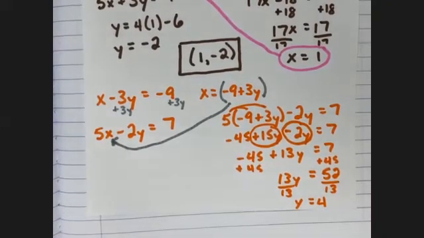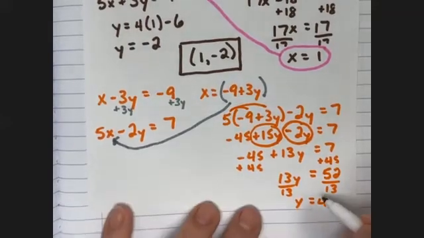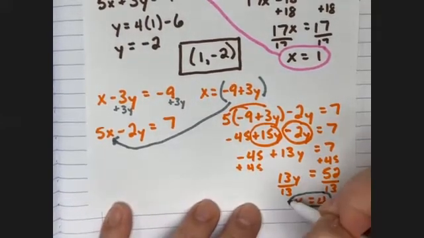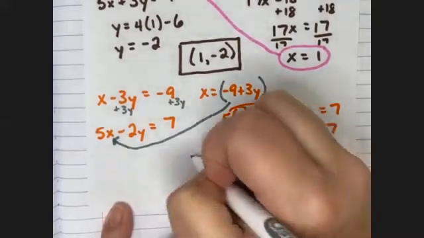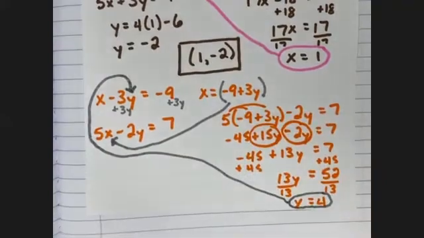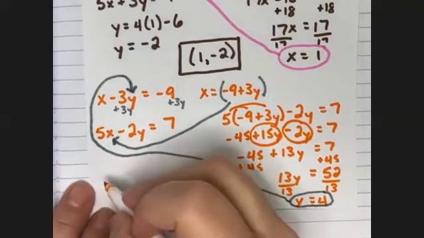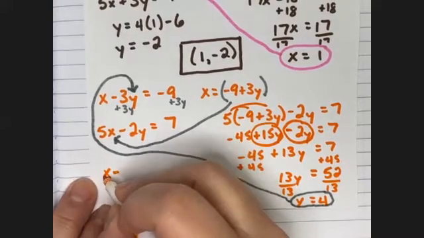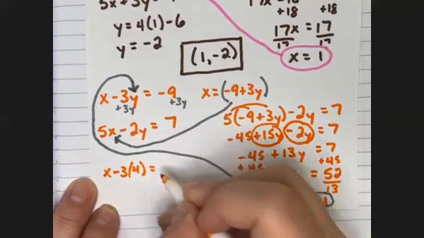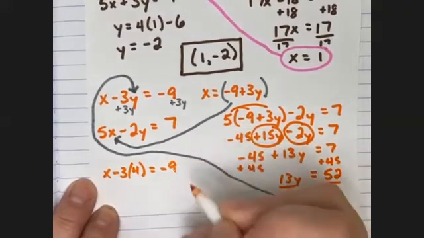So now I'm going to take this and I'm going to plug it back into one of my original equations. And I'm going to figure out what the x value is. So I have x minus 3 times 4 equals -9.